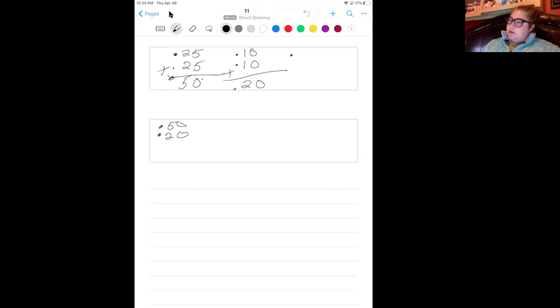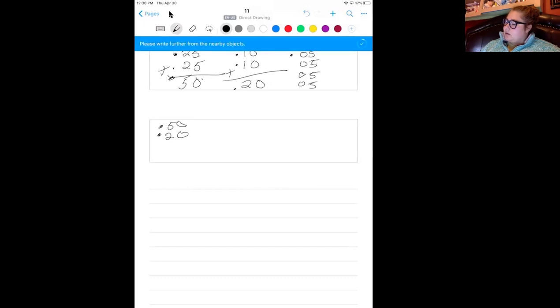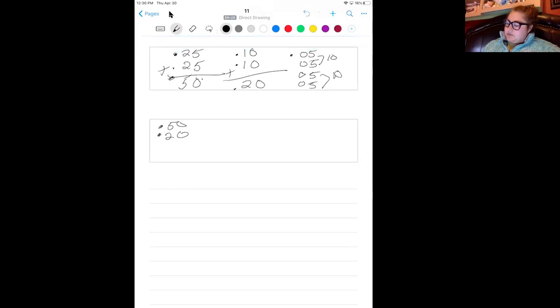So you can skip count by fives 4 times. If you go 5, 10, 15, 20, that would give you 20. But if you are not comfortable skip counting, you can solve it like you would a regular math problem. So 5 plus 5 is 10. 5 plus 5 is 10. 10 plus 10 gives you 20.